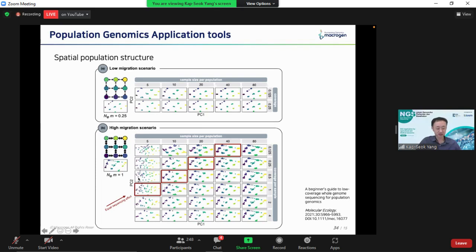This one is where these populations are actively sharing their genomes. So with actively sharing genomes, with a lower sample number and lower depth, you cannot really tell among these populations. But with higher depth and higher coverage, you will definitely get the original picture.